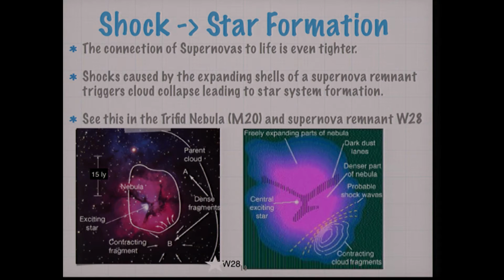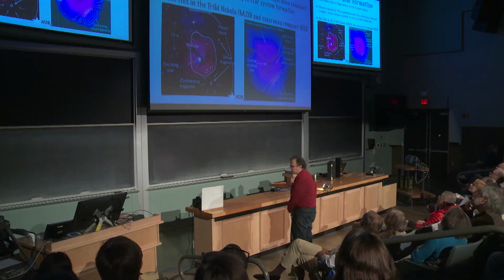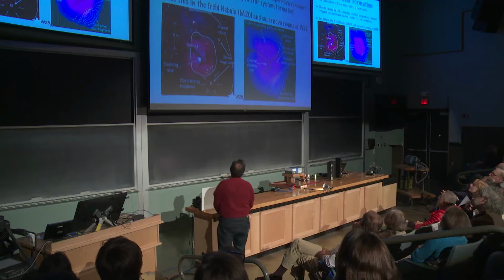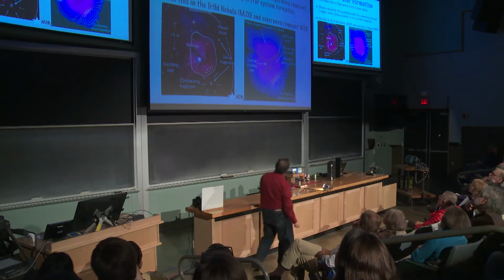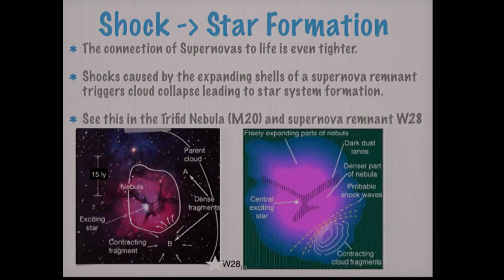Without that, stars wouldn't form. And we can see that in a specific example of the Trifid Nebula, which is Messier Object 20, and it's quite close to a supernova remnant known as W28, which I indicated with the little star down here in the lower right corner, excuse me.